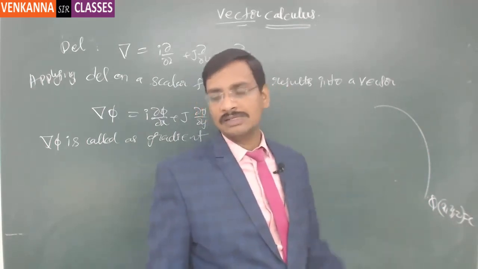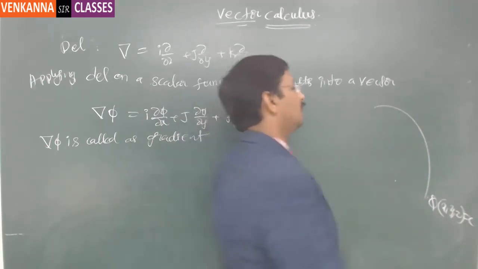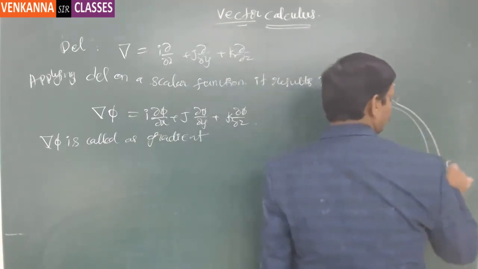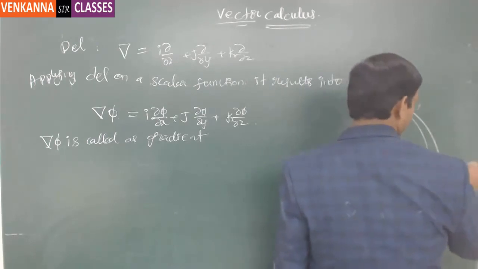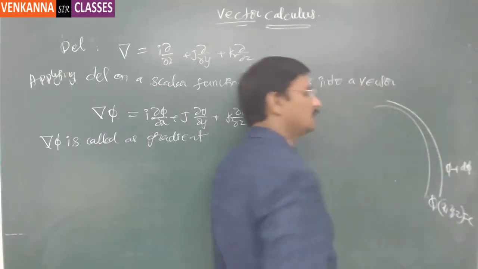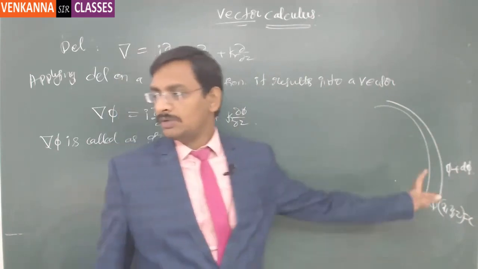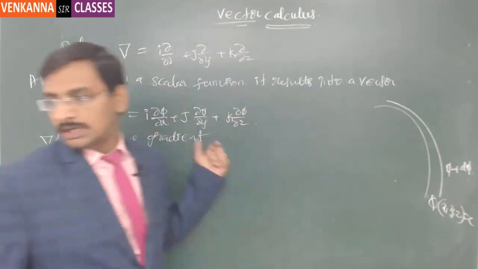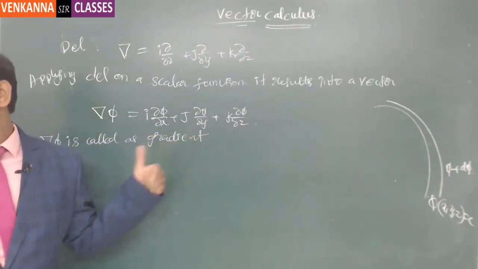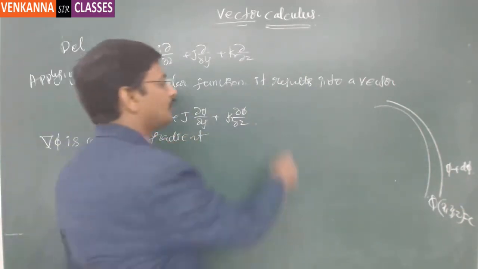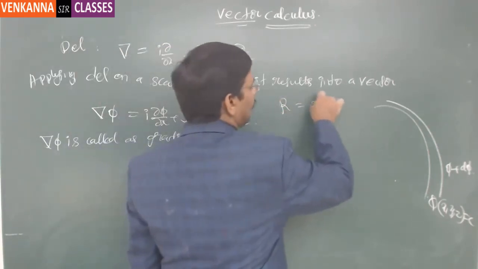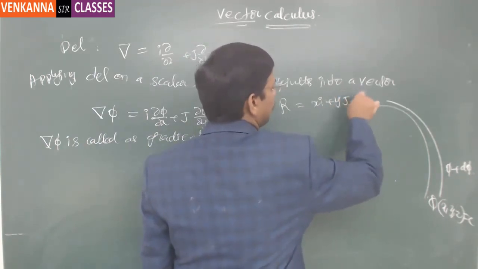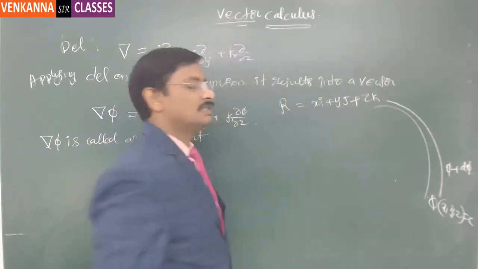Now, on this level surface, if there is a change in the value of the level surface to a different value, that is, let us say this is phi plus del phi, that is a function value. Now, if there is a change in the value, this del phi is represented with respect to the position vector r is equal to xi plus yj plus zk.